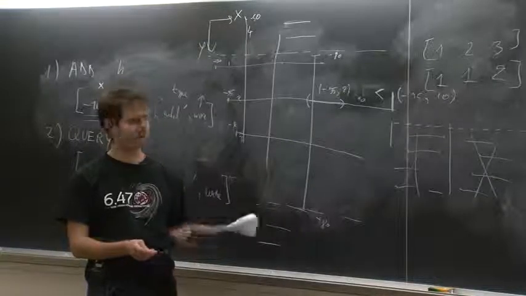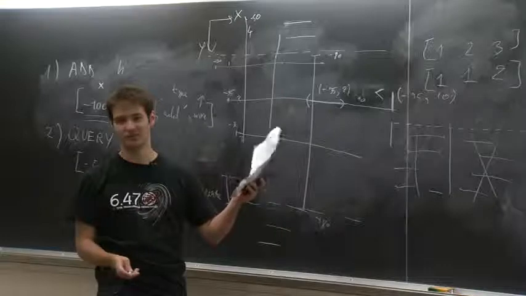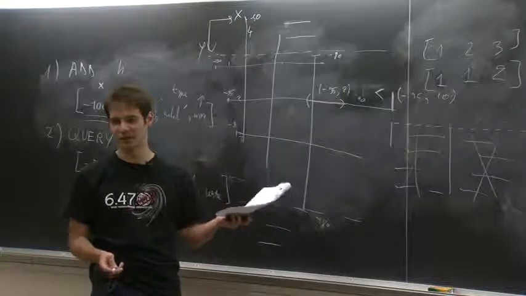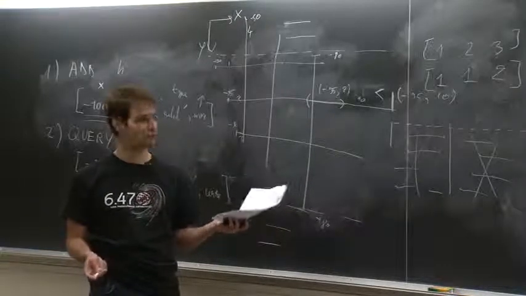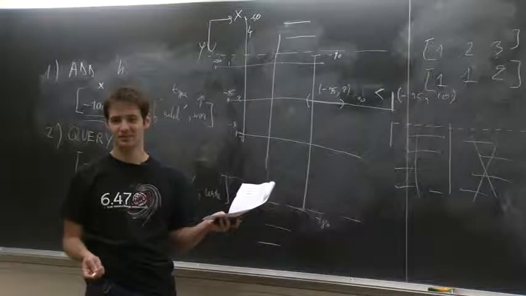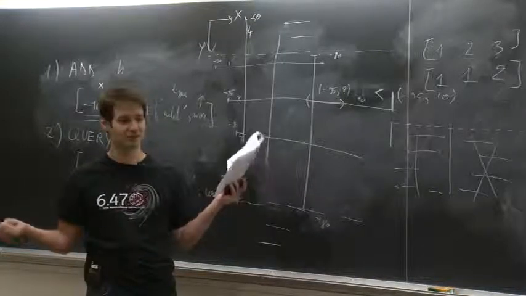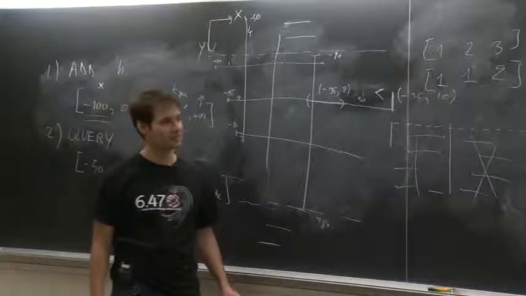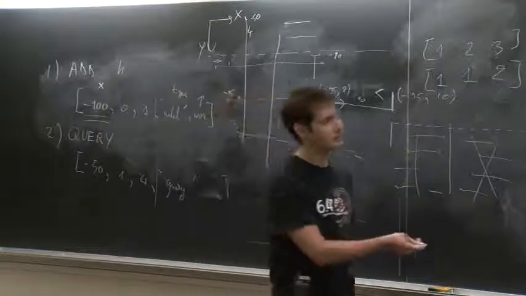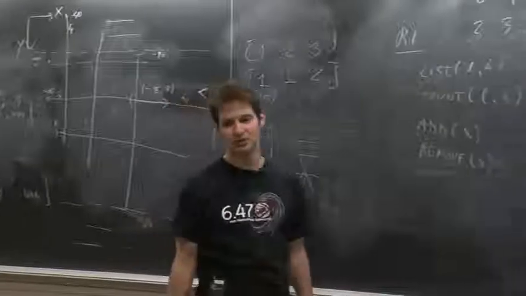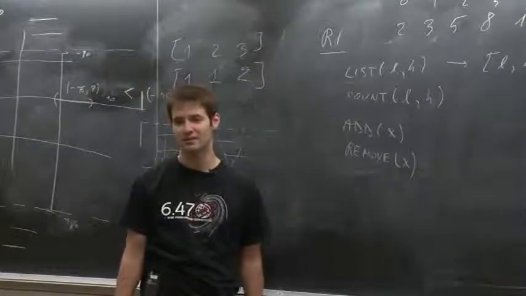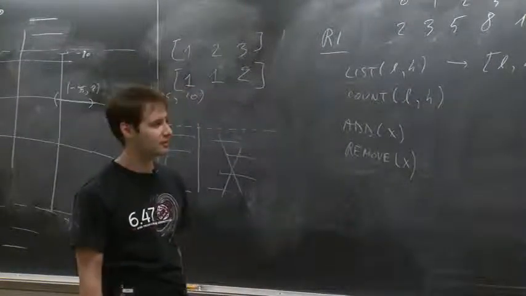So the only case in which you have two equal keys in the index is if you insert the same wire twice. Would you ever want to do that? Probably not. You're going to get the same wire twice from the range query, and that's not useful. So when implementing a data structure for the range index, we don't have to deal with equal keys, and that is nice because that's less thinking.